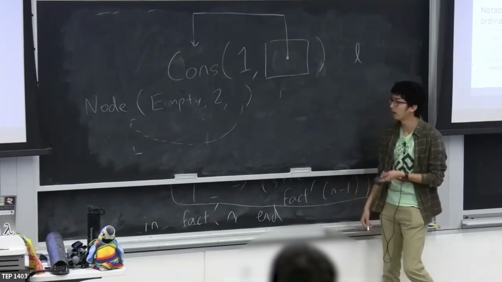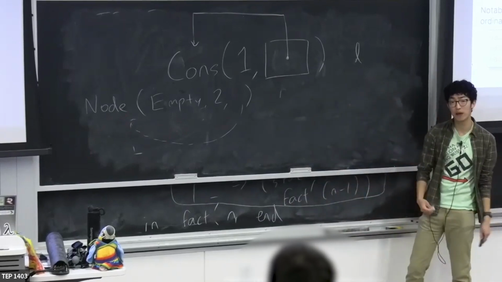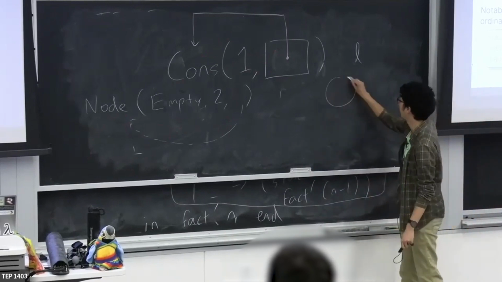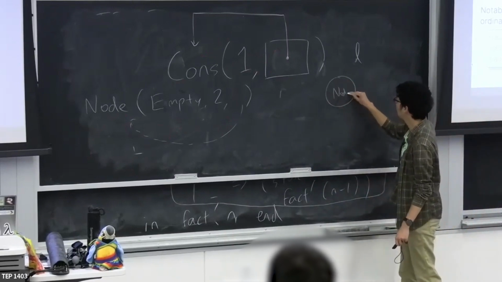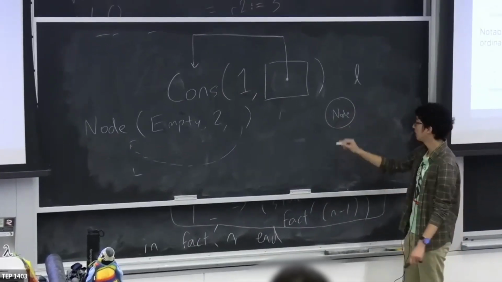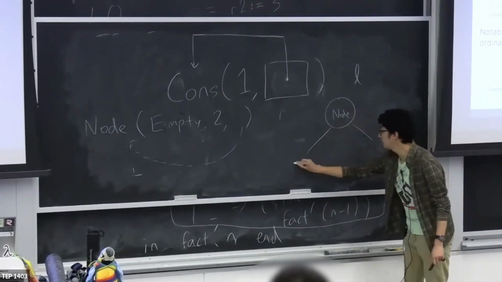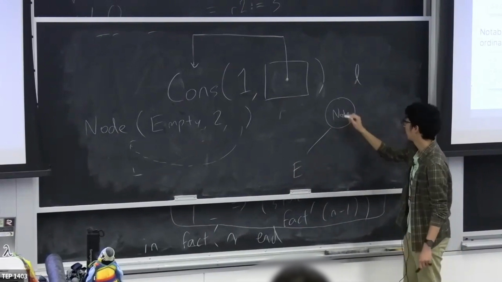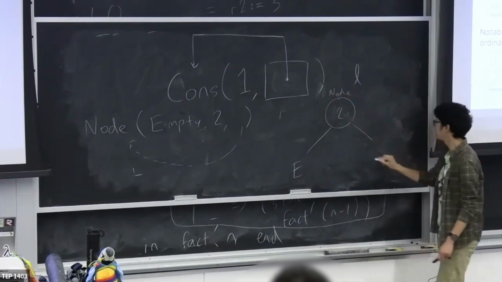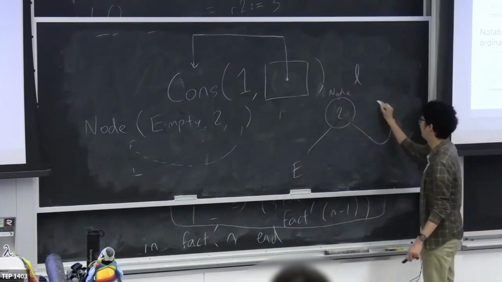It doesn't exactly matter. But the point is just that SML values, when we don't deal with this weird reference nonsense, are very well behaved because they look like this. You can always draw that. Oh, unless you're talking about functions, you can always draw them. You can always be like, hey, this is empty. And oh, this is node, and then it contains 2, and then there's something here. But it can't do this kind of nonsense.